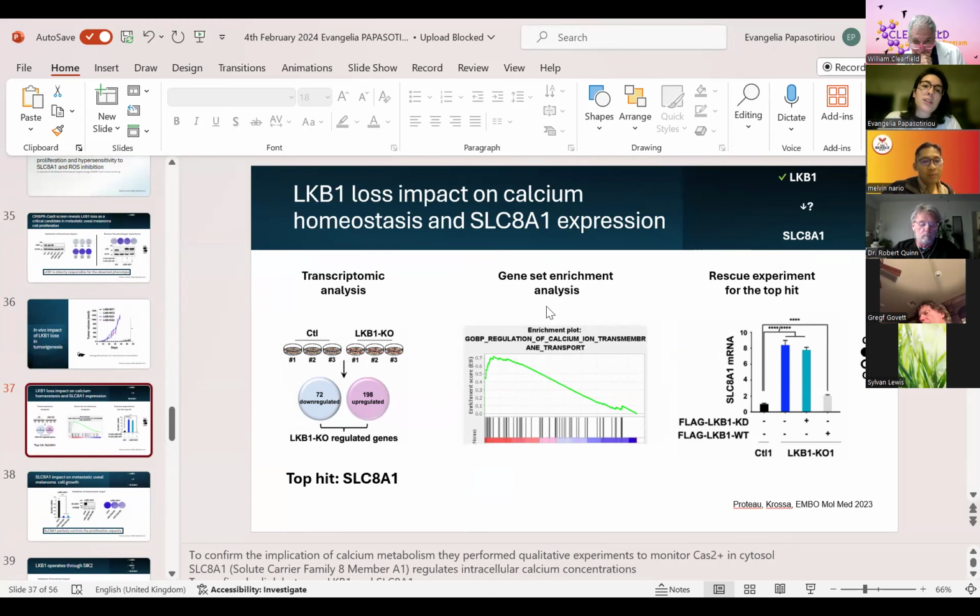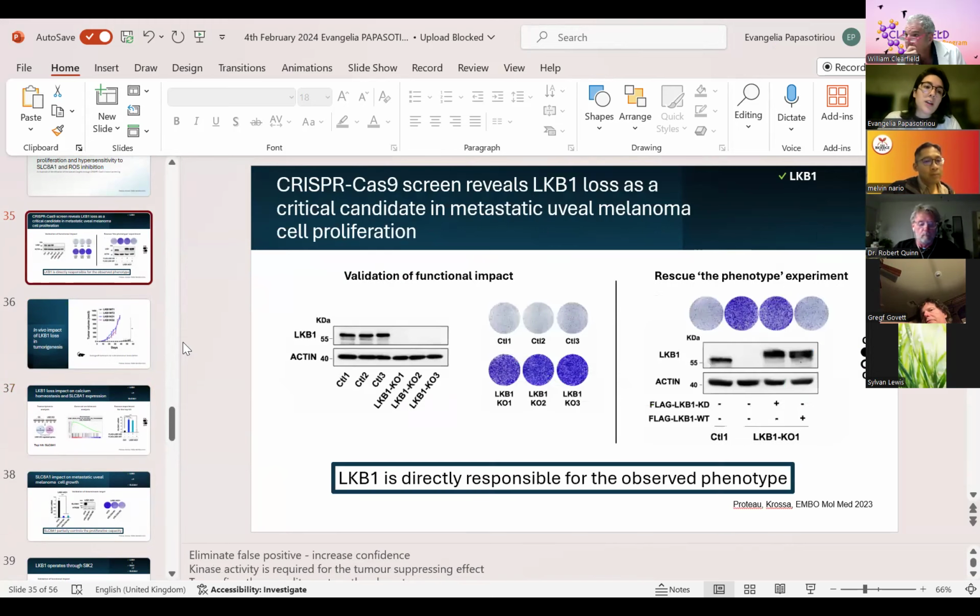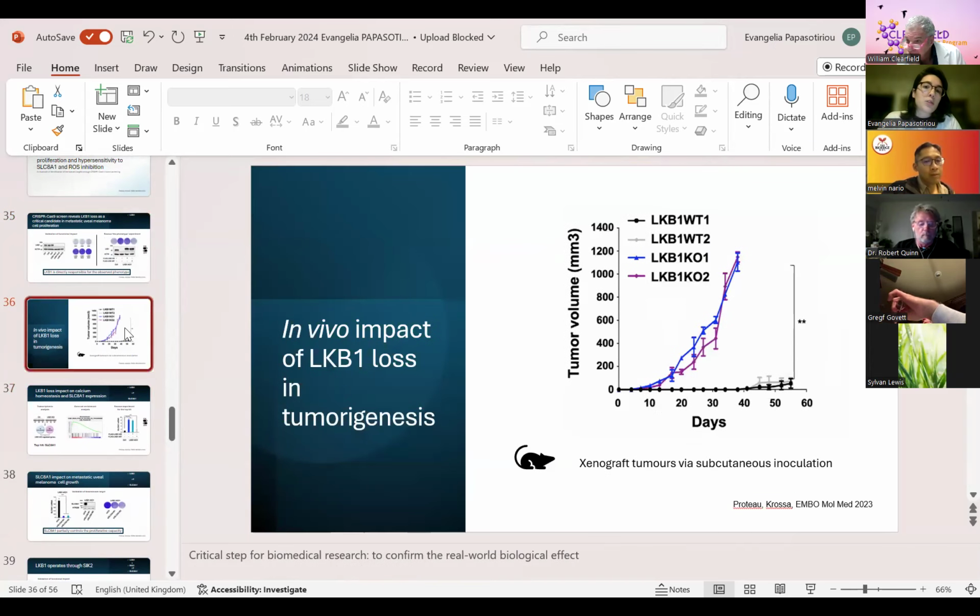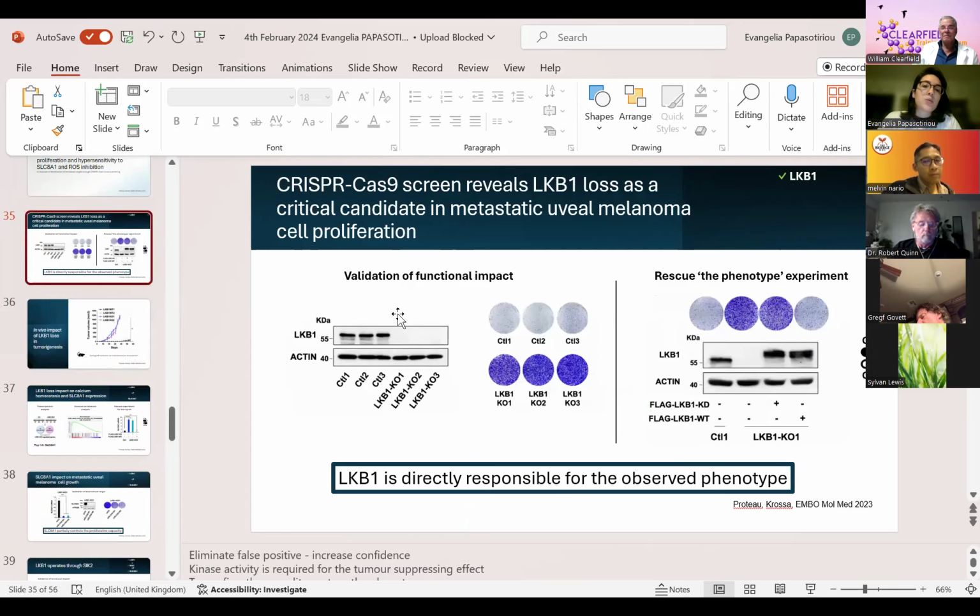As you see here, after they have seen the phenotype, which is actually the opposite of what we want to do with cancer cells, because when we inhibit LKB1, we have higher proliferation in metastatic uveal melanoma cells. What we want in a hypothetical scenario, a very general and simplistic statement, is a tumor that has LKB1, which is a tumor suppressor gene.